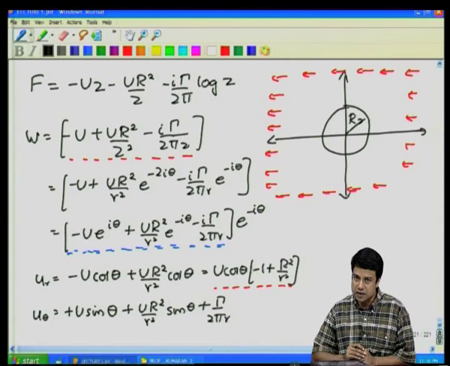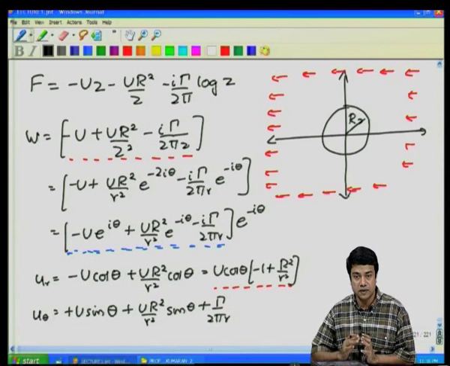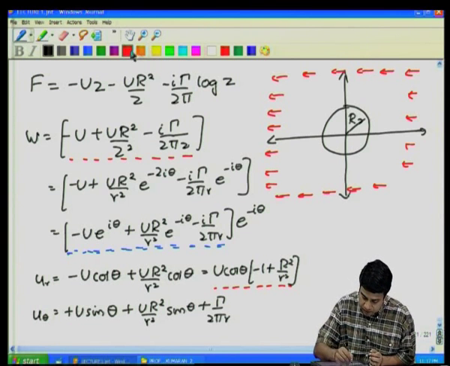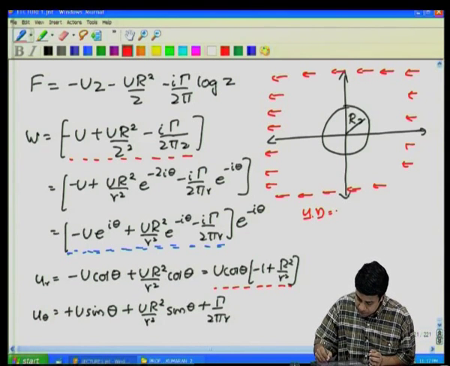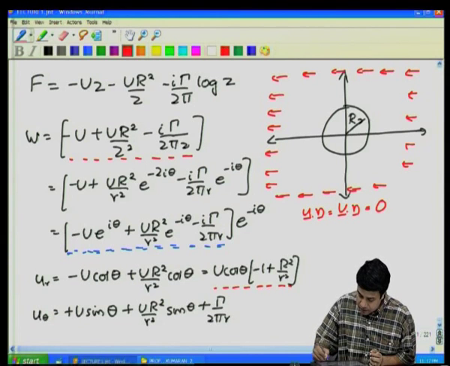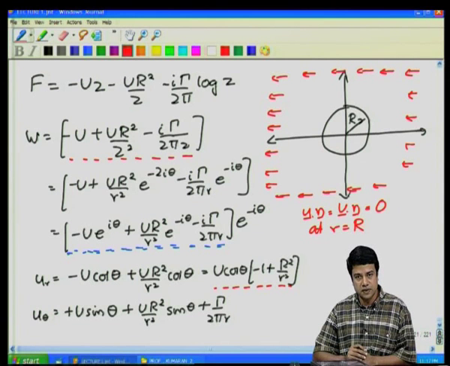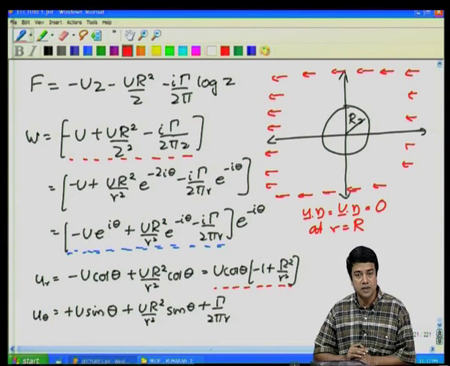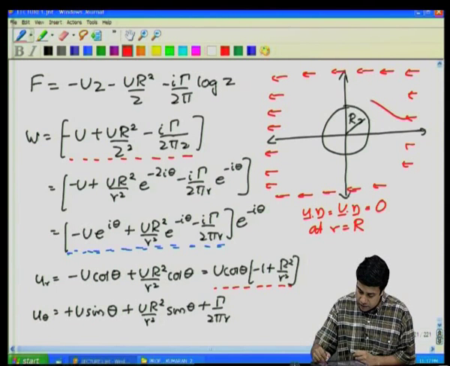So, what this flow represents is a flow in which the normal velocity is equal to 0 at that surface, which corresponds to a flow around this cylinder. Because if I have a surface on which the normal velocity is equal to 0, that means that the boundary condition, that is u dot n is equal to capital U dot n, is equal to 0 at r is equal to capital R. Therefore, this represents the flow around a cylinder in which I have 0 normal velocity on the cylinder, and I have a flow which is coming in far away from the cylinder.